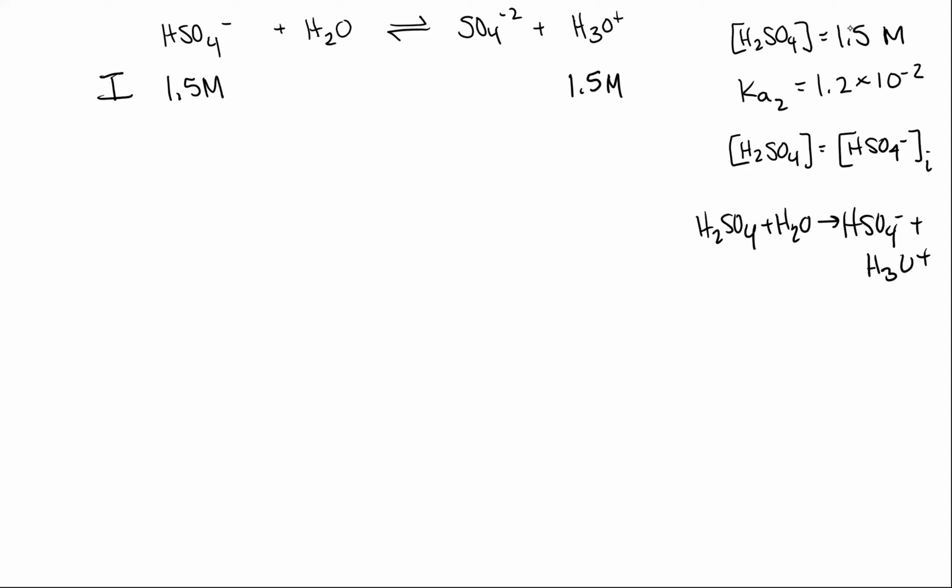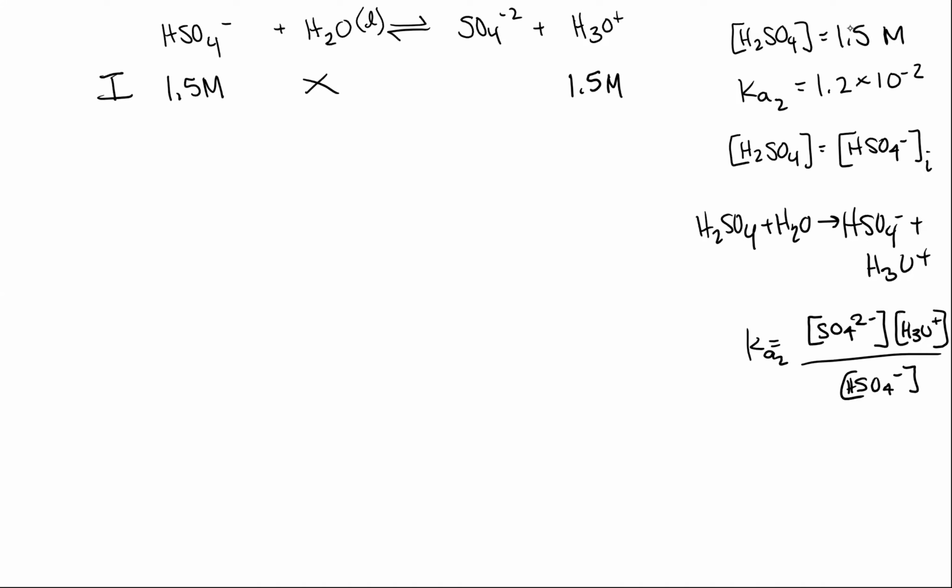Now remember, we're going to ignore water because it's a liquid and it's not going to play a role in our equilibrium expression, which for our second reaction is going to be equal to the HSO4 minus times, sulfuric acid, sulfate. Sulfuric acid, hydrogen sulfate, and sulfate, they all sound so similar. So SO4 2 minus and H3O plus are our products, and HSO4 minus is our reactant for Ka2.